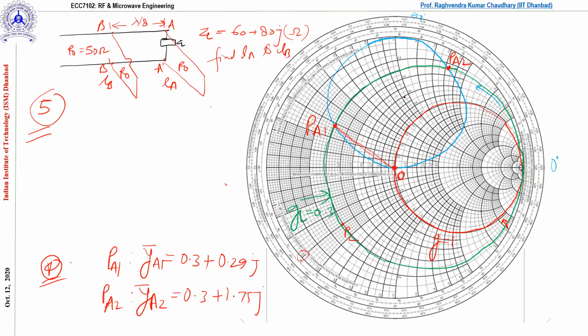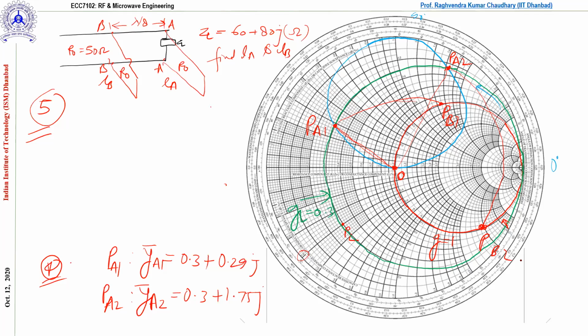So you will be at BB dash. When you translate this point, it will cut somewhere on the G equal to 1 circle at 2 points. If you take this radius, it will be somewhere here, and if you take this radius, it will be somewhere here. These will be the 2 points, and let us mark this PB1 and this PB2.